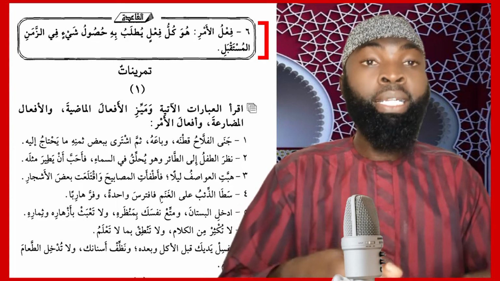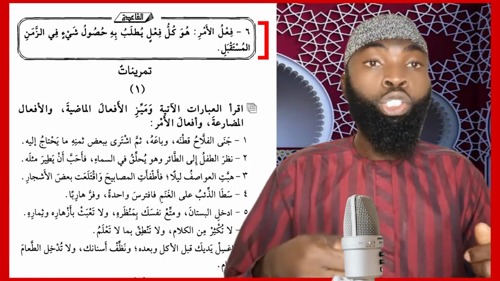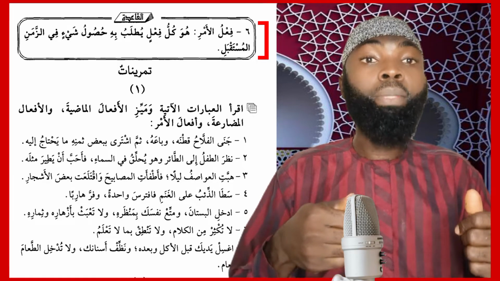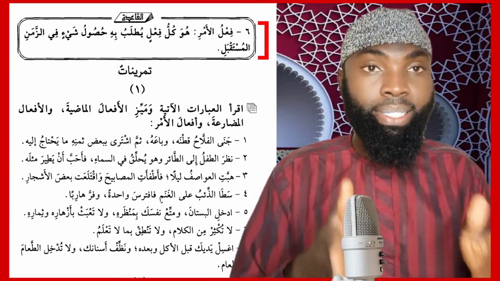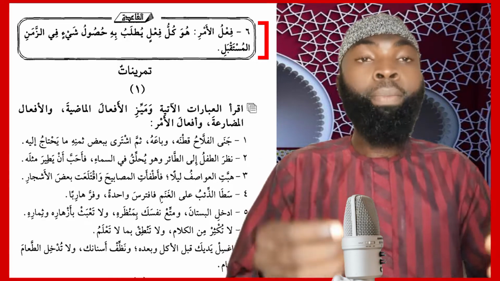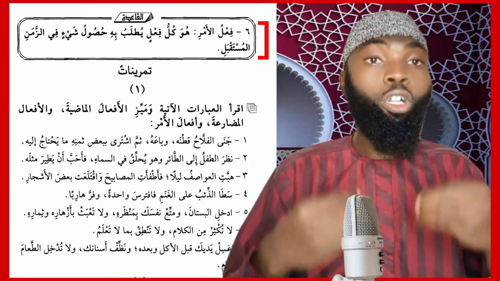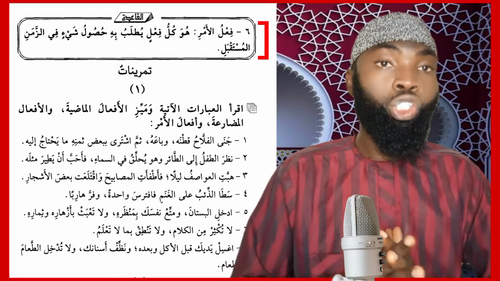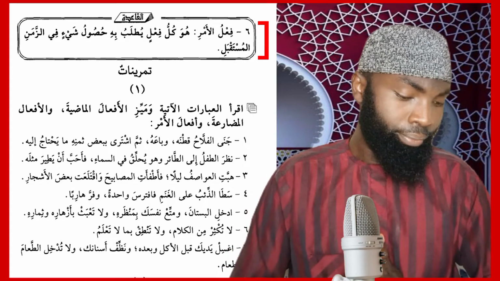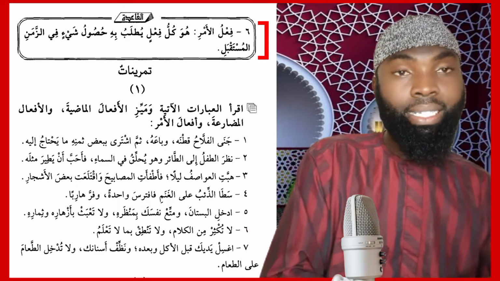While fi'lul mudari, present tense, is any word used to indicate the occurrence of an action in the present or in the future. While fi'lul amr is any word used to command, request the second person to carry out an action in the future. We are done with the three tenses.